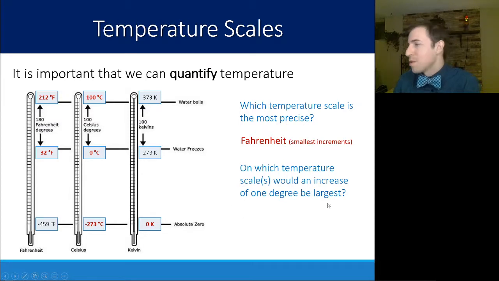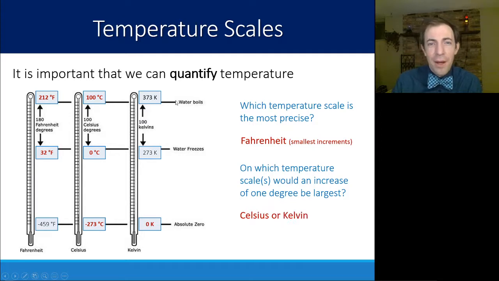But if we look at which temperature scale an increase of 1 degree would be the largest, water freezing and water boiling both have 100 degrees between them for Celsius and for Kelvin. So we would say that that has a larger increase for each degree. Notice here that a change in Celsius is going to equal the same as a change in Kelvin because they have the same increment size.